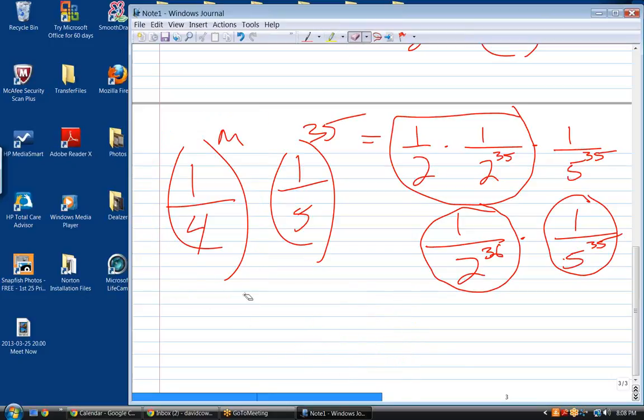Actually, you're on the right track, but you're off by a large order of magnitude. 1/4 squared, 1/4 can be written this way. And the only reason I'm going back to the other side of the equation is because it's easier to see. Okay. So what is 1/2 squared to the m power equal to?